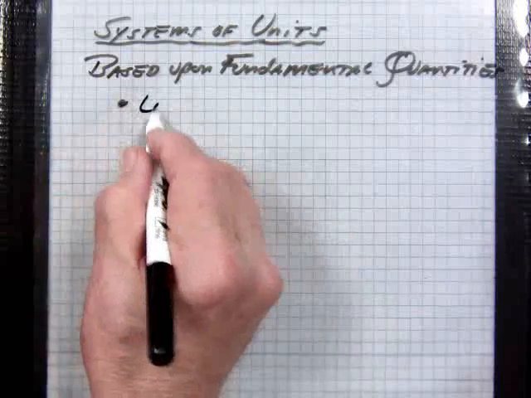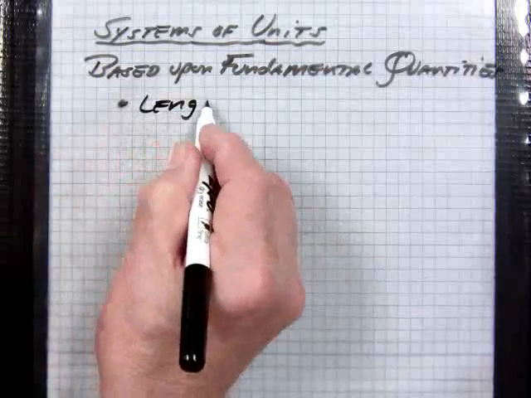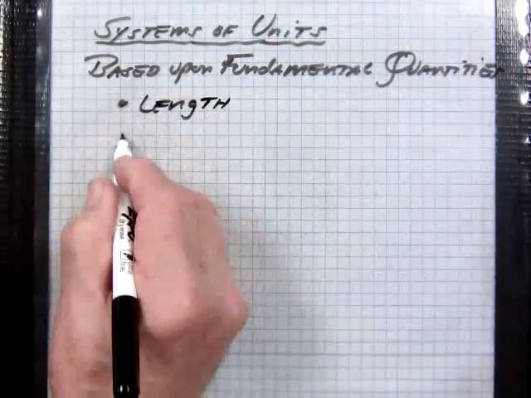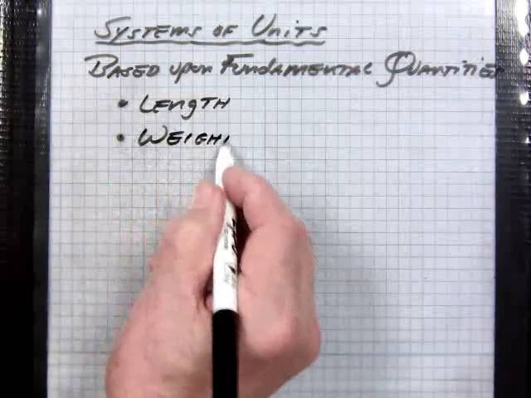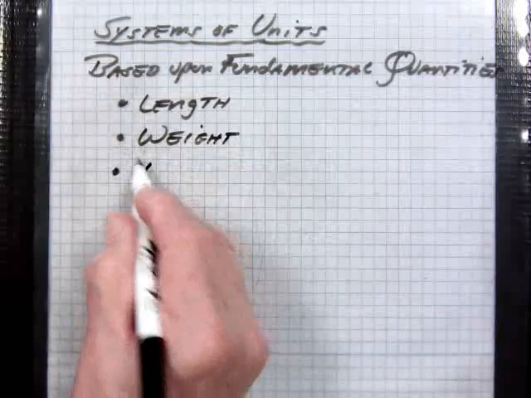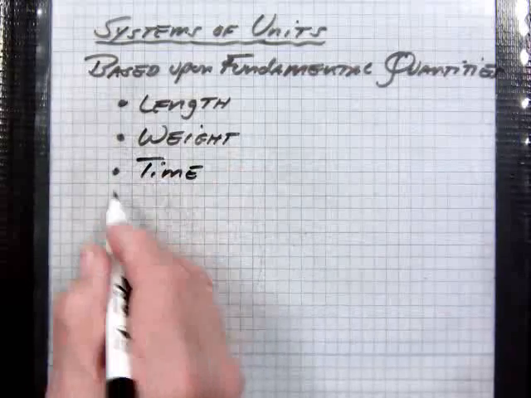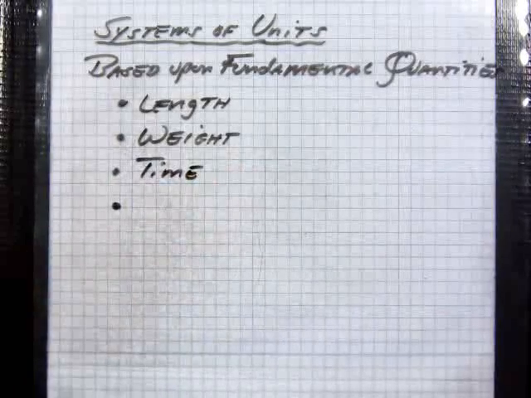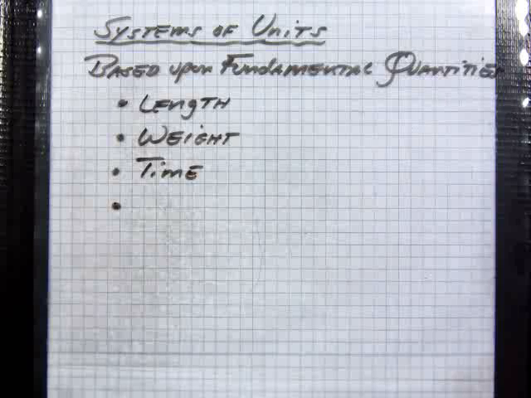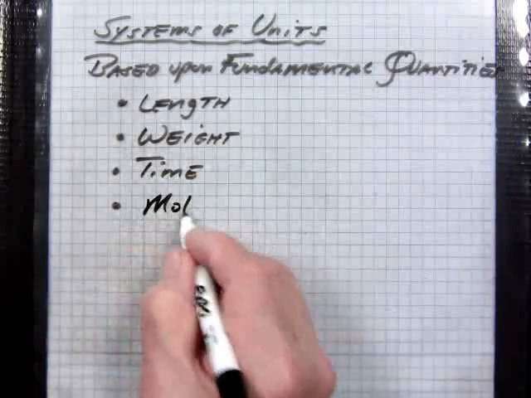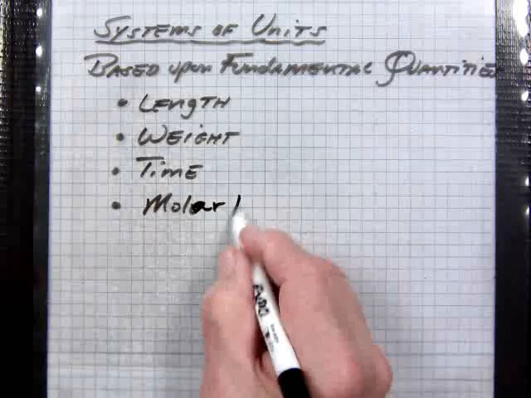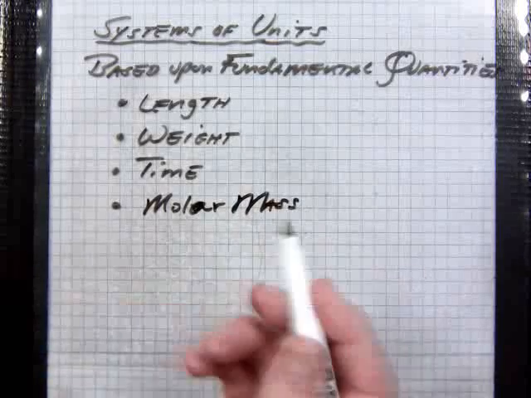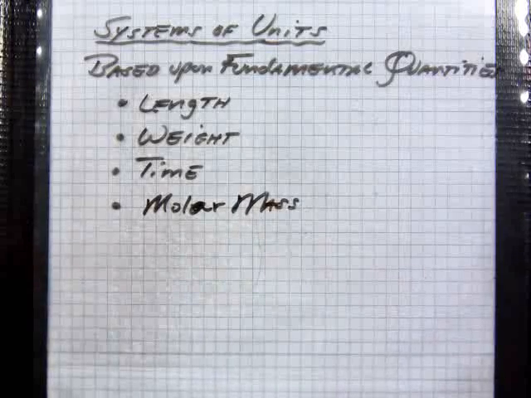of course, is length, weight, and time. But you also have fundamental units of mass referring essentially to what we call the mole concept, or molar mass, which is very specific to chemistry.